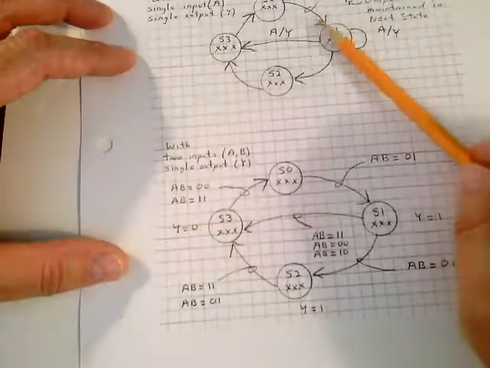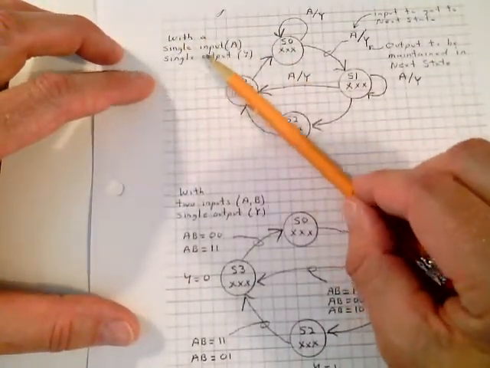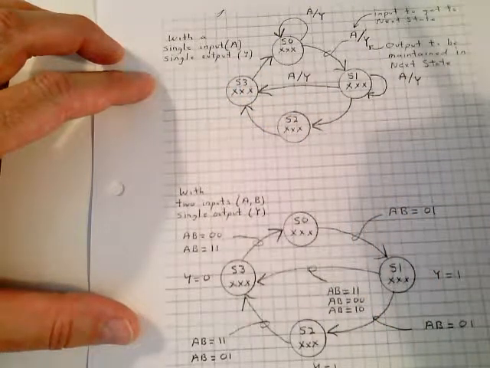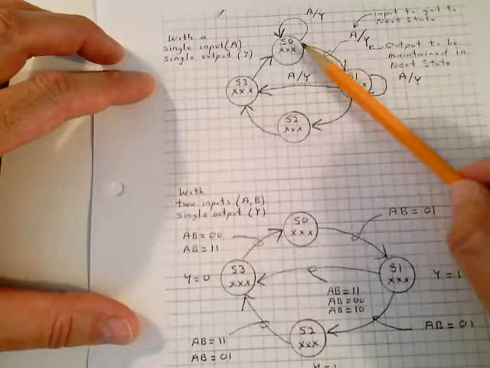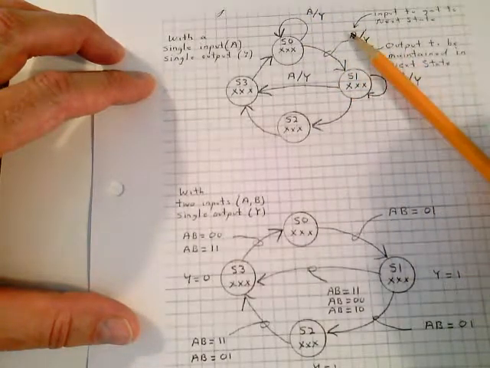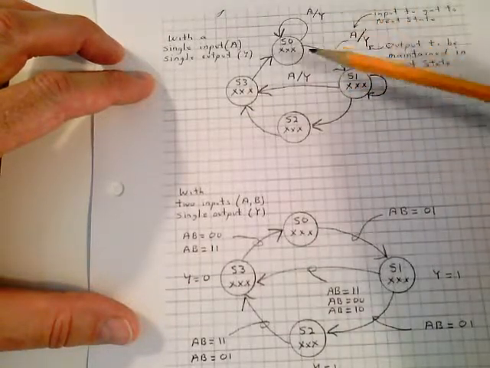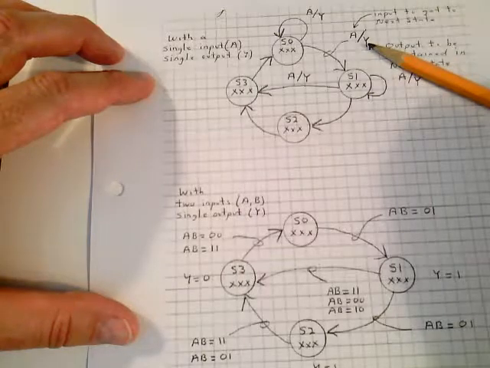Okay, so basically what I'm showing you in this representation here is a single input A and a single output Y. It shows you when you go from this point to this point, A has to be this, and then when you process the circuit through to the next state, the output Y is this.